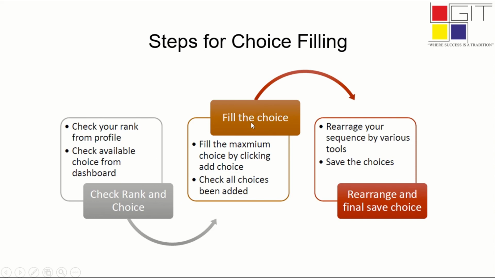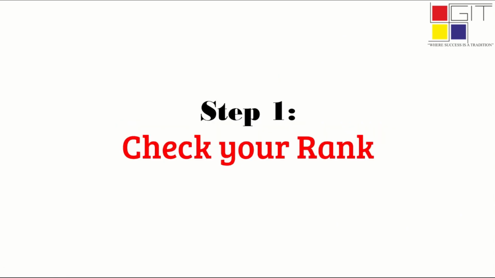The next step is filling the choice, where we will fill the maximum choices by clicking add choice and check all choices that have been added. And the third part is rearranging and finally saving the choices, where we will rearrange all the sequences by various tools and save the choices.